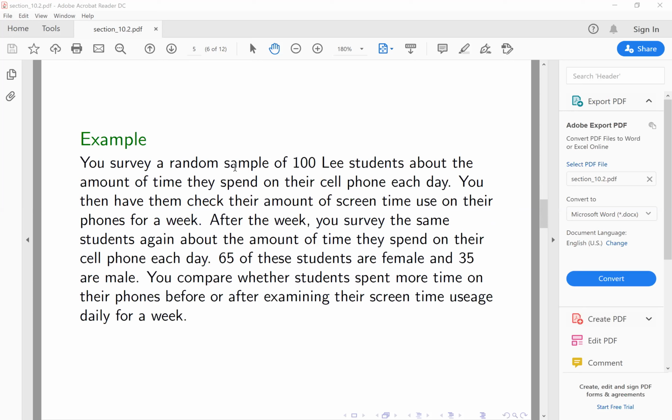Do you think this is dependent or independent? If you said dependent, you're right. The data you collected was the data of the students before, how much time they spent on their phones previously, and then after a treatment, how much time they spend on it. So that's dependent data from samples, and we would use a paired t-test here.